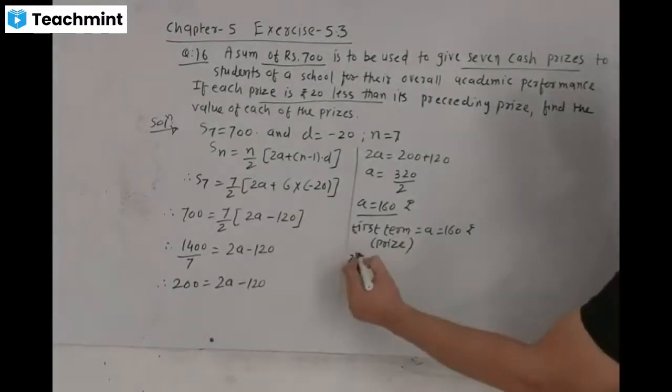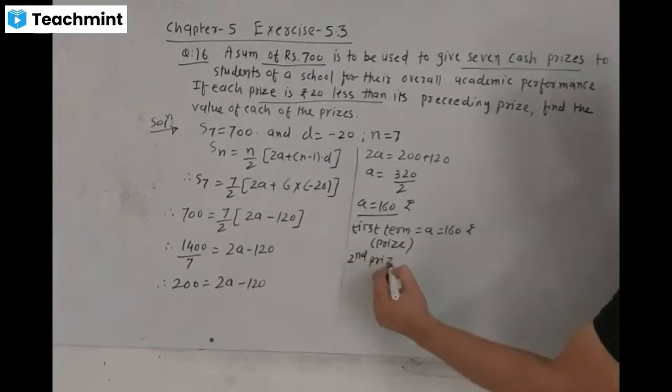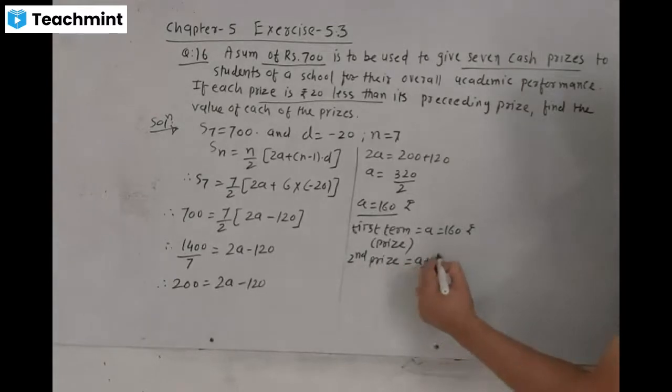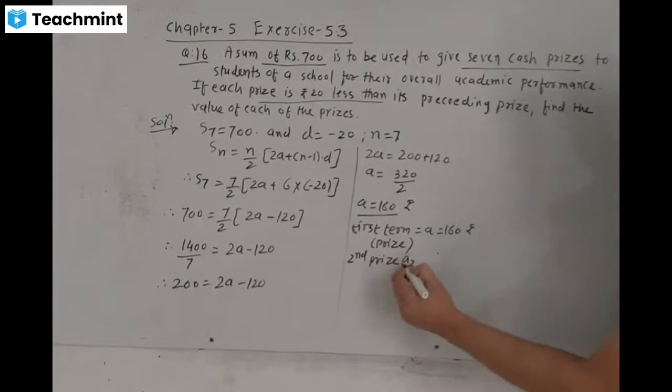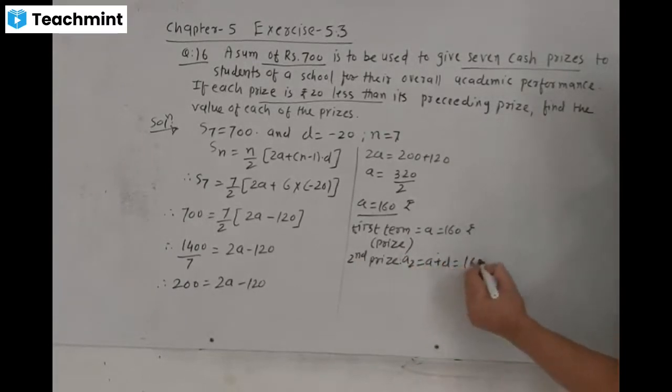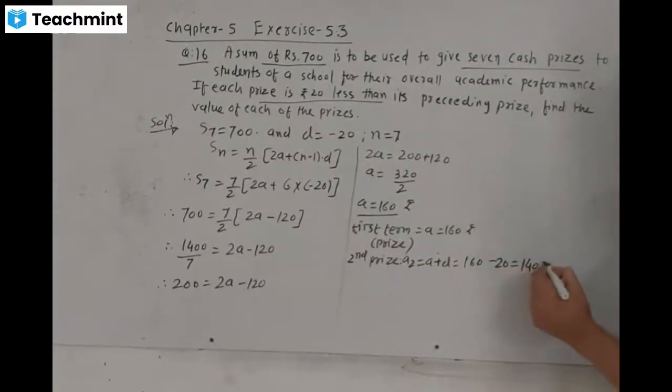Second prize is a2, that is equal to a plus d. a is equal to 160, and common difference is negative 20. 160 minus 20 is equal to 140 rupees.